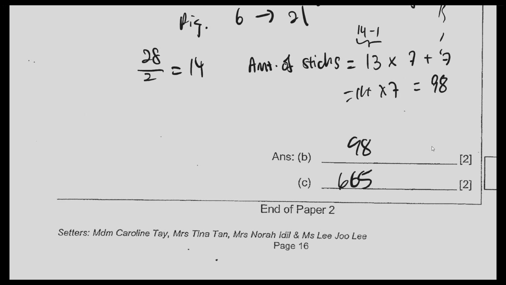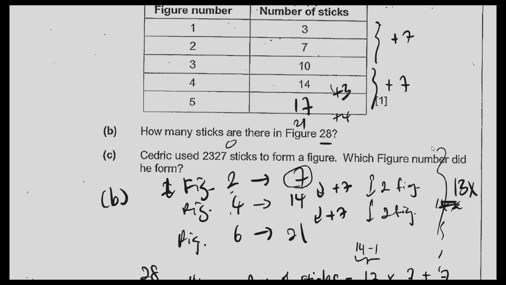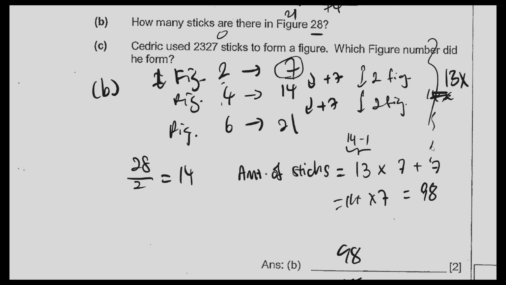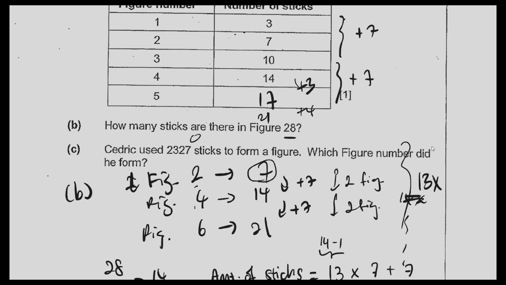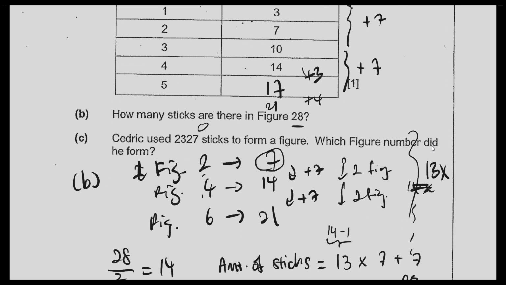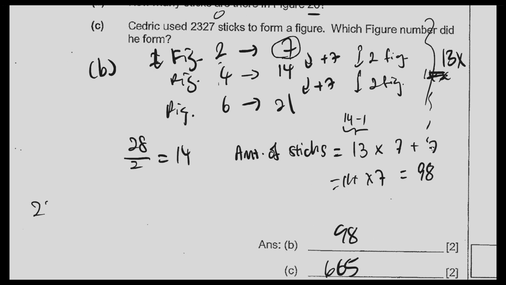Right, so question C states Cedric used 2327 sticks to form a figure. Which figure number did he form? So we see that every 2 figures uses 7 sticks. Right, so he used 2327 sticks. So we can take 2327 divided by 7 first.